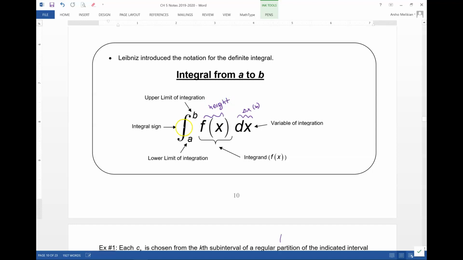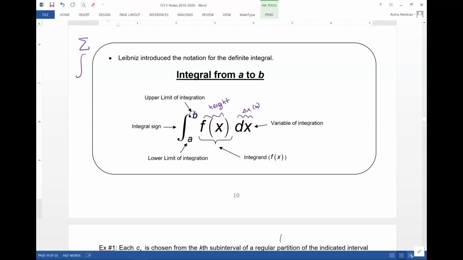Now, the sigma becomes this symbol, which we call an integral sign. In Greek, sigma is the letter that makes the s sound, so this is like a squished S for sum. So the sum of f of x times dx from where to where?